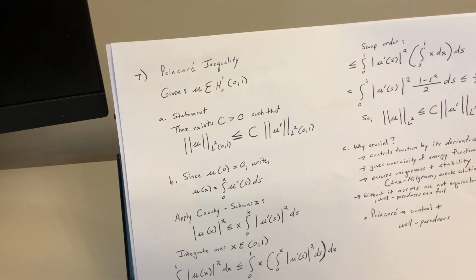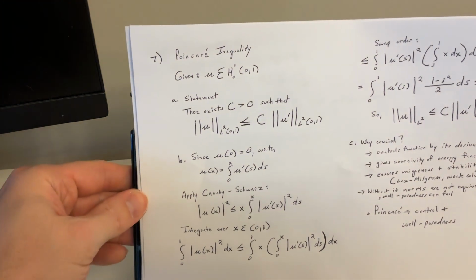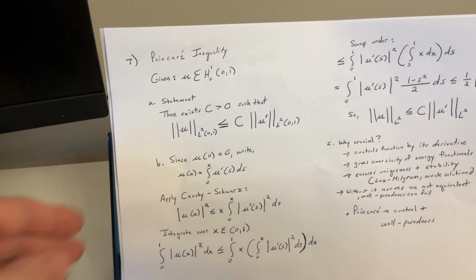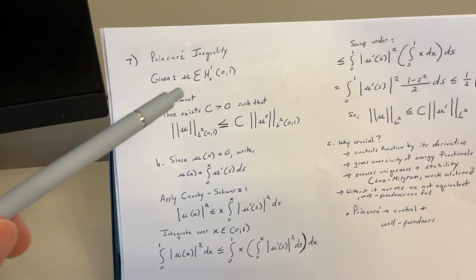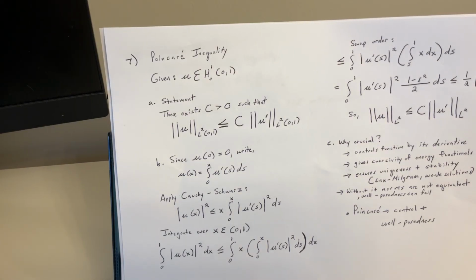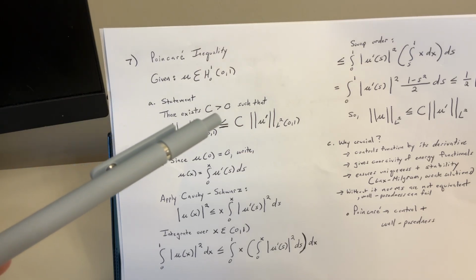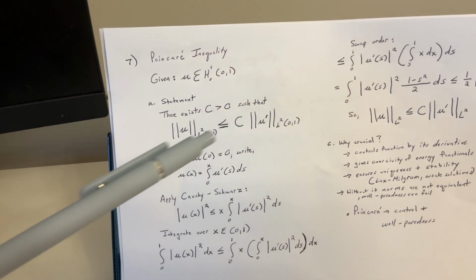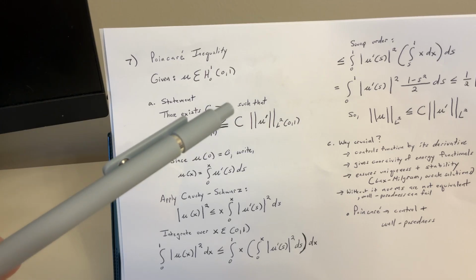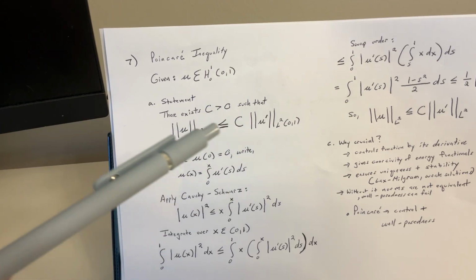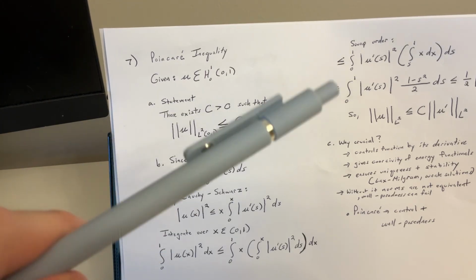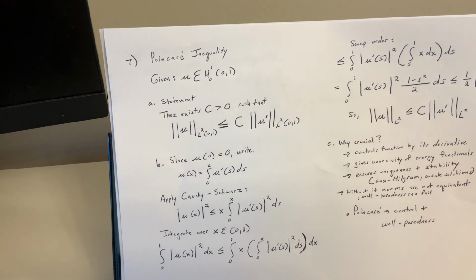We have the Poincare inequality here. Here's what we're given. Part A, here's the statement. There exists C greater than 0 such that this expression has to be less than or equal to that.